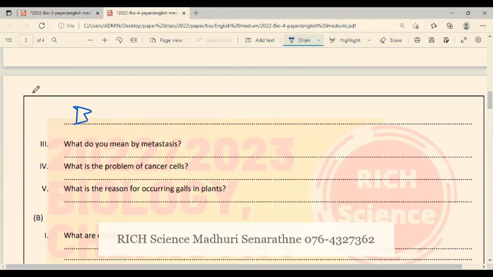Final point, another possibility is an abnormal cell cycle control system.